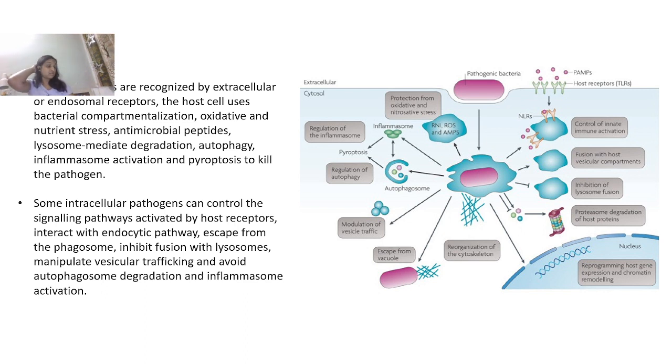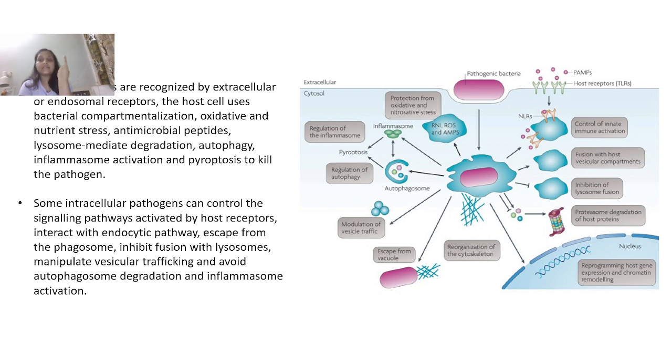So our cells are also trying to kill the bacteria, but the bacteria can also try to evade our responses inside the host cell. So it will try different kinds of mechanisms to delay the different processes happening inside the cell.